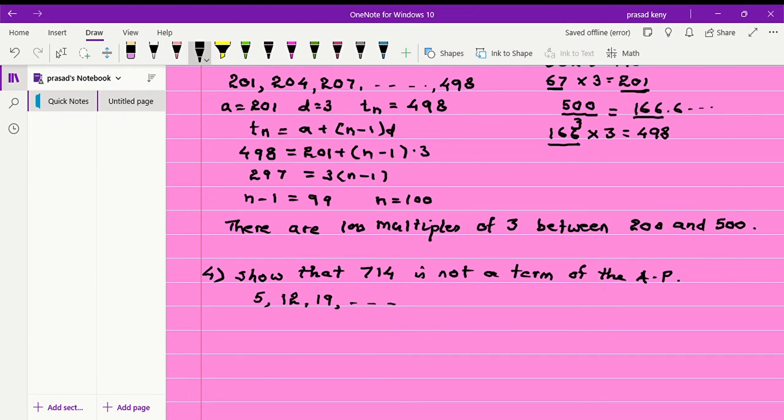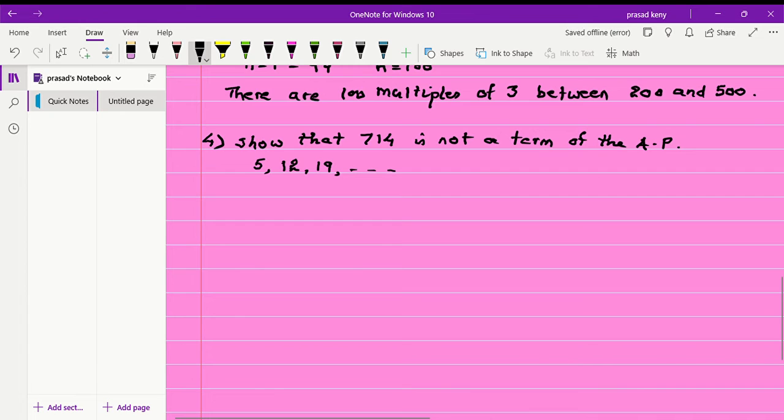Okay, now here what I will do is suppose the nth term of this AP, Tn, is 714. So I will say let Tn be 714.